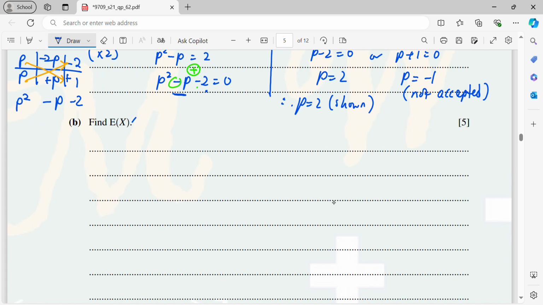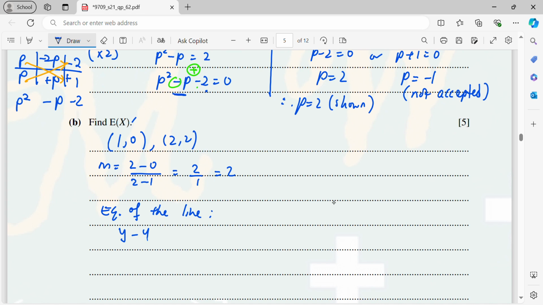So now the gradient m equals y2 minus y1, 2 minus 0, over x2 minus x1. That is 2 over 1. This is my 2. So now my equation of the line, y minus y1 equals m times (x minus x1).